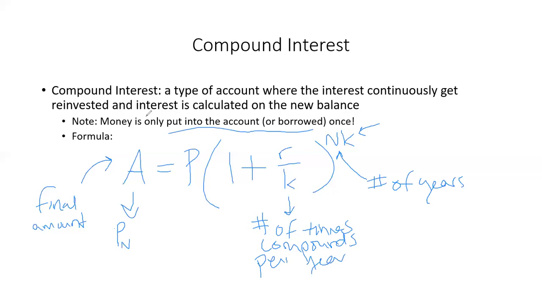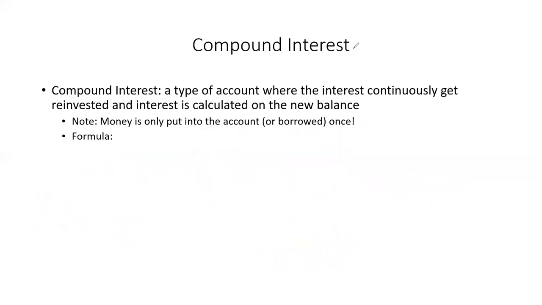Notice the difference of what's happening here. With a compound account, let me clear my screen. Let's say that we put $100 into an account. This is just going to be an example, and I am making this example up at the top of my head, so just bear with me. I don't have it written down in the key.